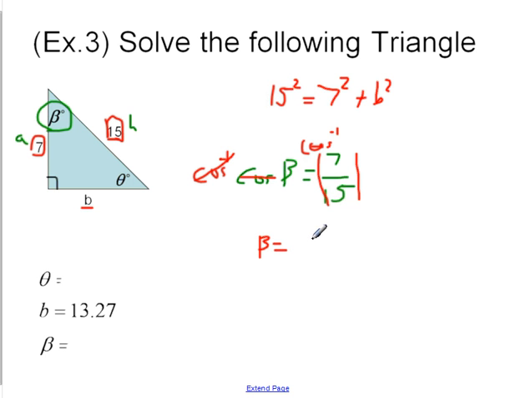And beta would equal cosine inverse of 7 over 15, which we should find to be 62.18. And then theta would be 27.82. Once again, you can do the inverse to try to find theta as well. In this case, I skipped that just to keep the video a little bit shorter. But hopefully that makes sense.